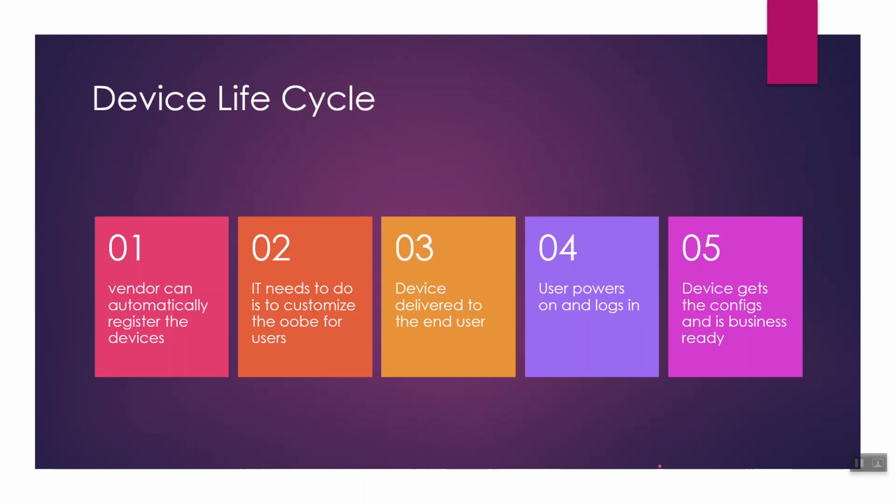Then the IT needs to customize the out-of-the-box experience of the user. The device is directly delivered by the vendor to the end user. So we are bypassing the IT over here. No IT intervention required. The user just powers on the device, and the device gets onto a business steady state. Okay, this is going to be the flow.